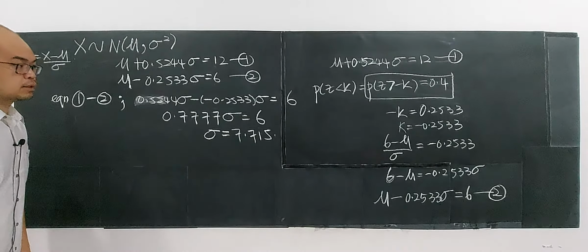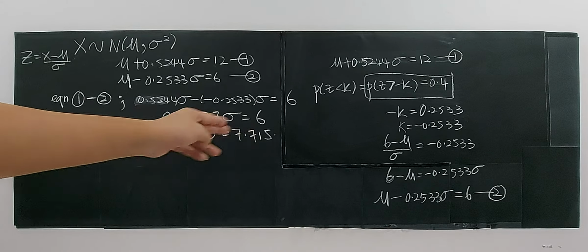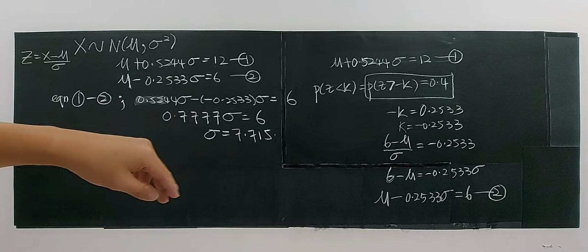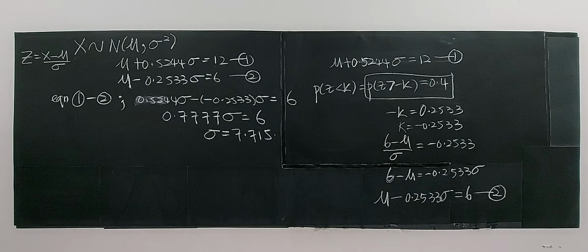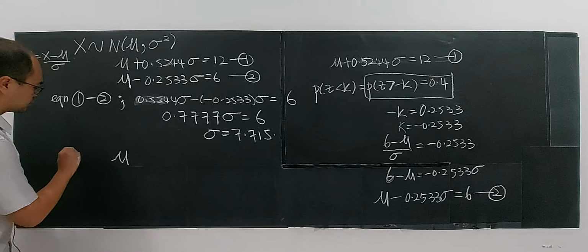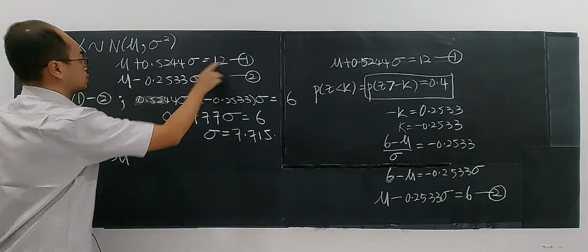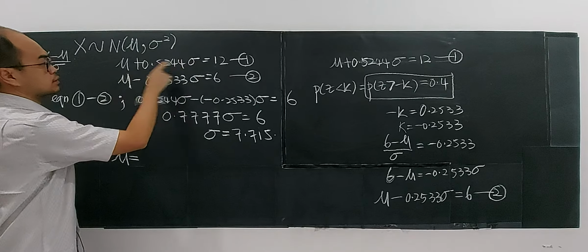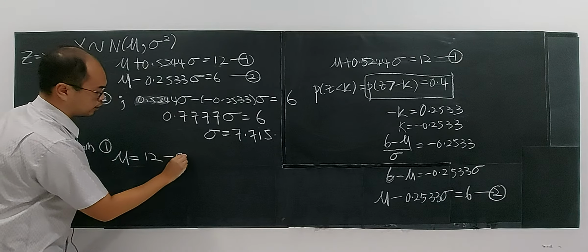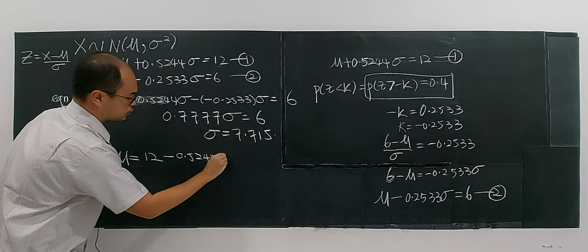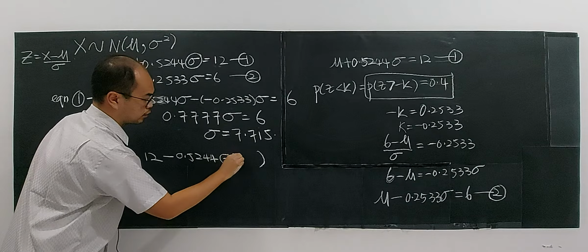So now you know the value of the standard deviation. Definitely you can know the value of the mean also. You can substitute into either one of these two equations to get the value of the mean. So for the mean, I use equation 1. The mean is the same as 12 minus 0.5244 times sigma, where the value of sigma, the standard deviation, is 7.715.